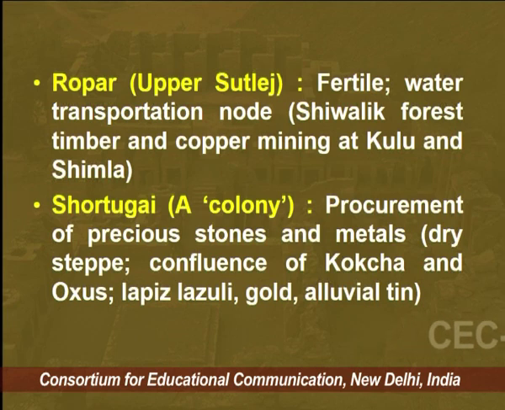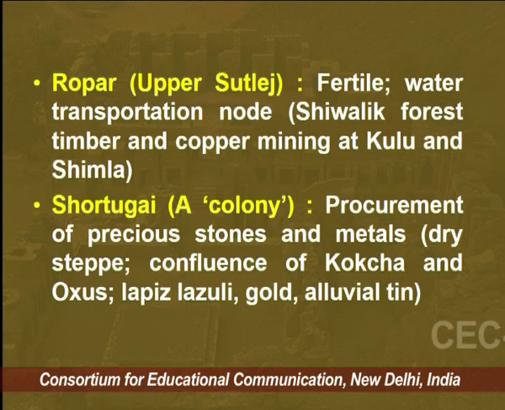Similarly, moving beyond, we have site like Shortugai. Now, Shortugai is ideally not a site, Harappan site as such, but it appears more like a colony. People were not permanently living here, but occasionally, or some people might have been asked to be stationed here.